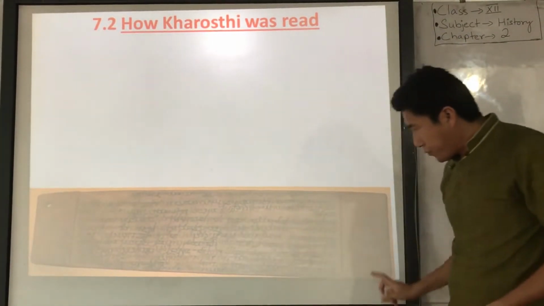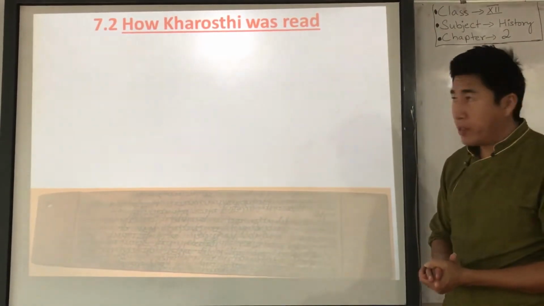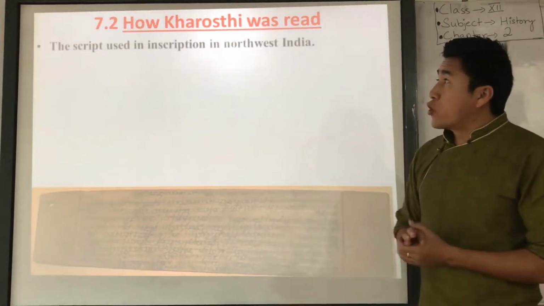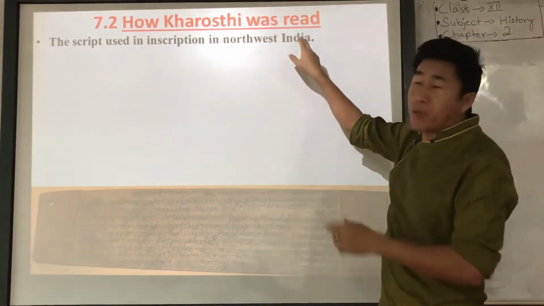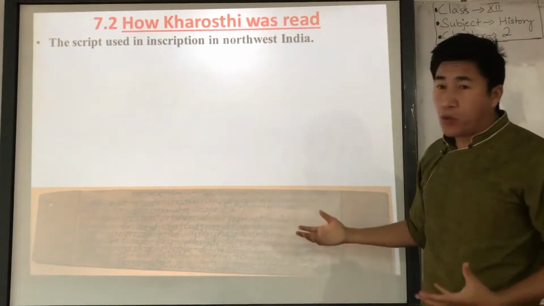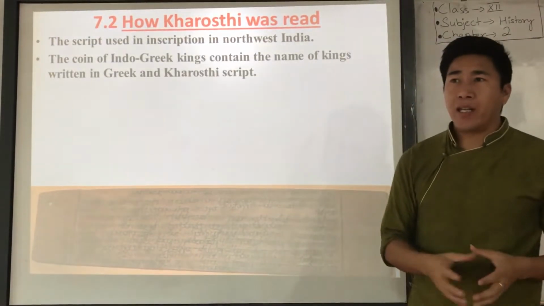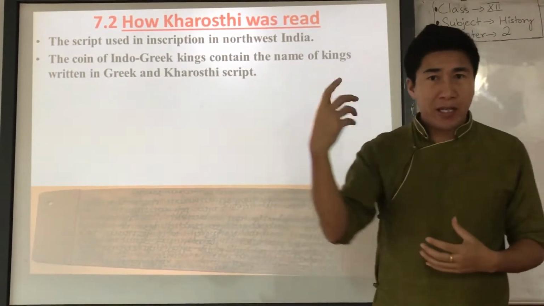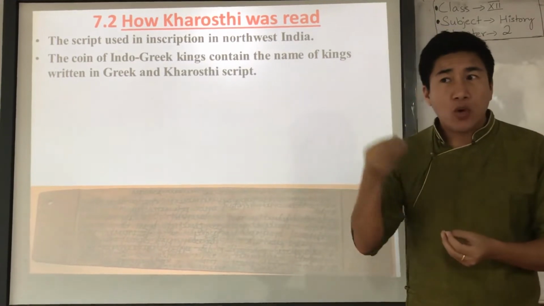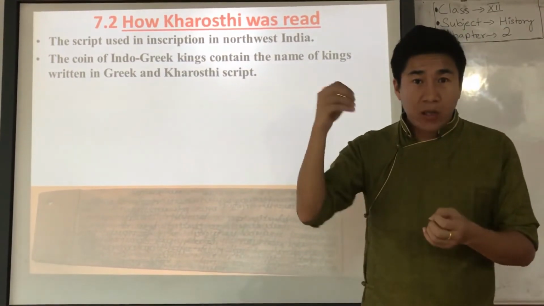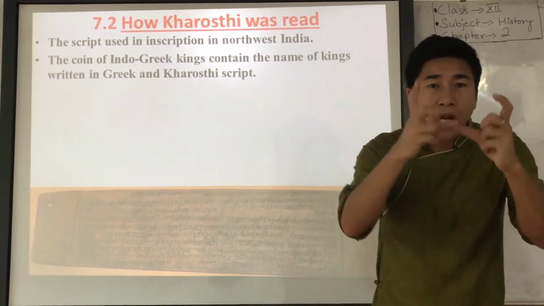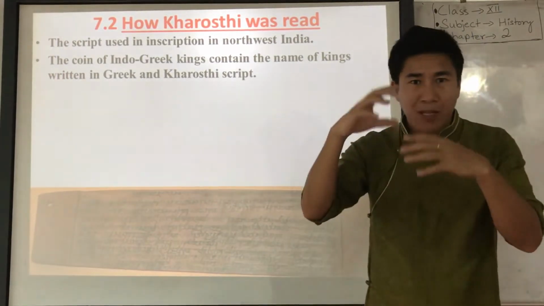Now, this is a picture of the Kharoshthi script, right? The script used in inscriptions in northwest India, as I told you. Now, the coins of the Indo-Greek kings, I told you in the previous video, right? Indo-Greek kings were the first rulers to introduce coins with the name of the king and the image of the king.